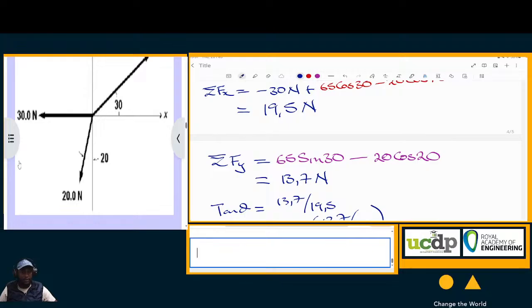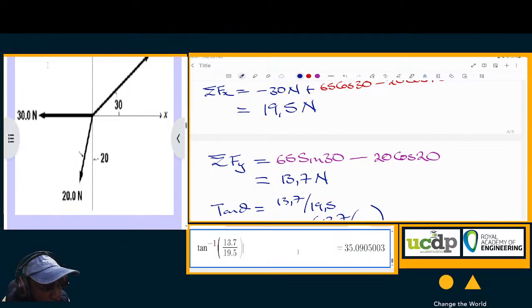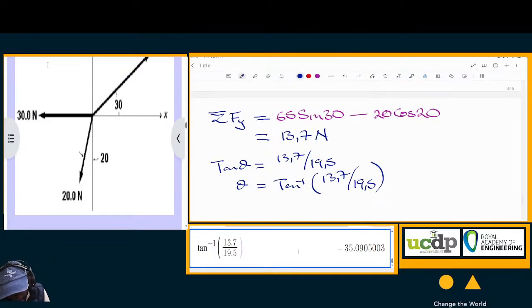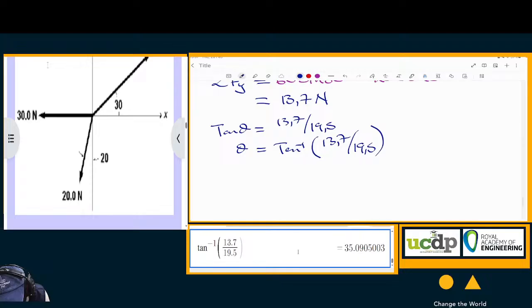Then function, tan inverse, 13.7 over 19.5. Right, there we are, and we get 35 degrees, and both of these are in the positive quadrant.